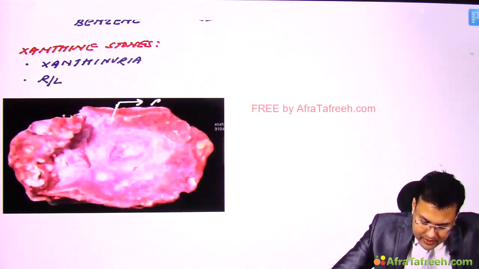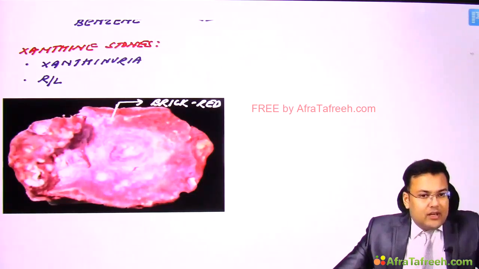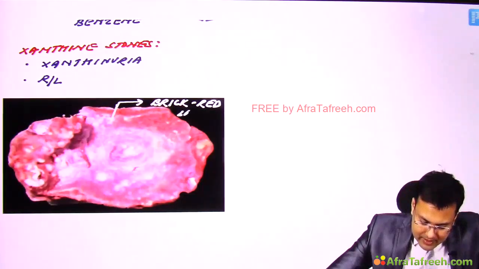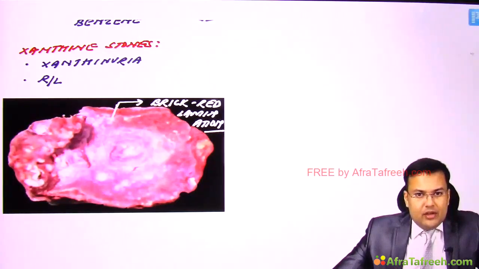This is brick red. Clear? And this was asked in NEET PG. So what is the color? Brick red, and it shows lamination on cross section. So that's why you can identify this stone just by looking at it.